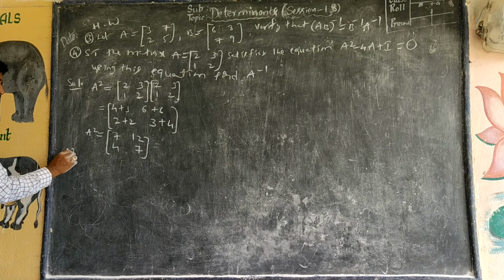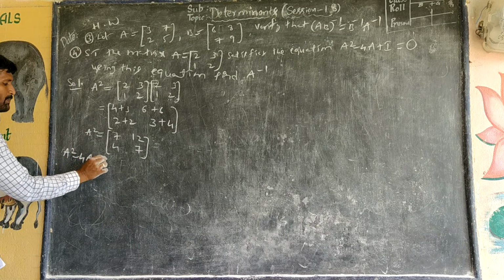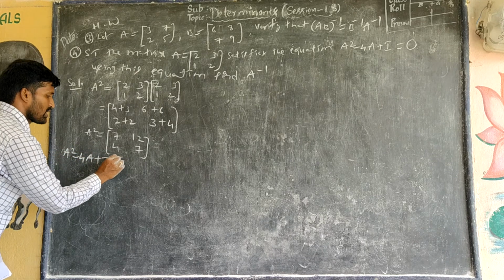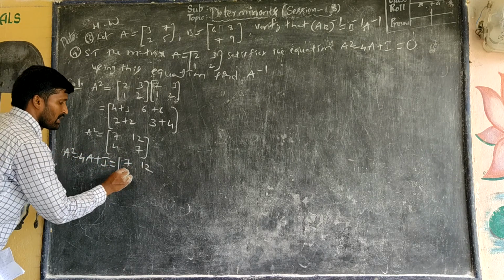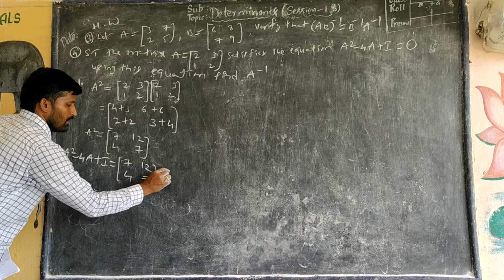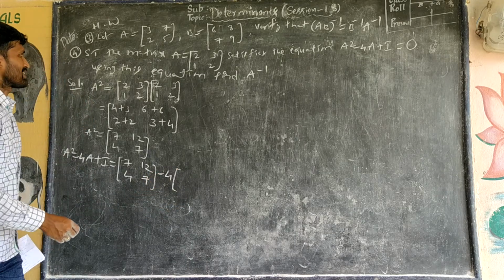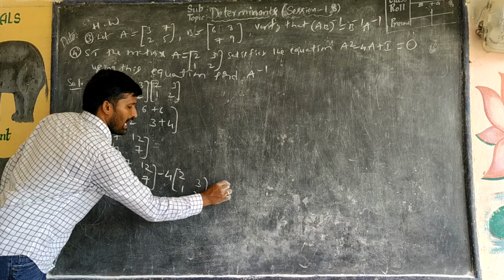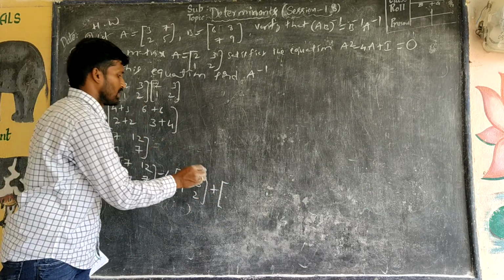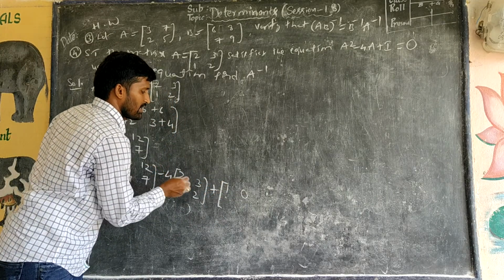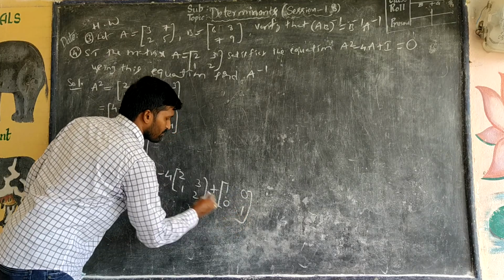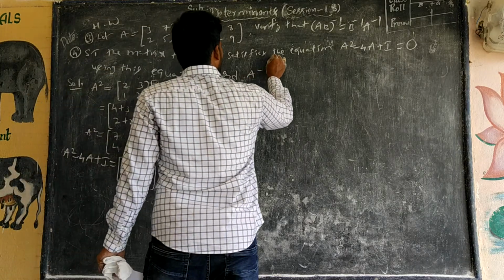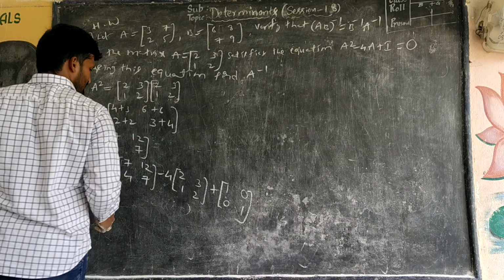Now take that equation. What is the equation? A square minus 4A plus I. The A square matrix is 7, 12, 4, 7, minus 4 into the A matrix, 2, 3, 1, 2. I is the identity matrix of order 2, the second order identity matrix 1, 0, 0, 1. Now you can simplify this.